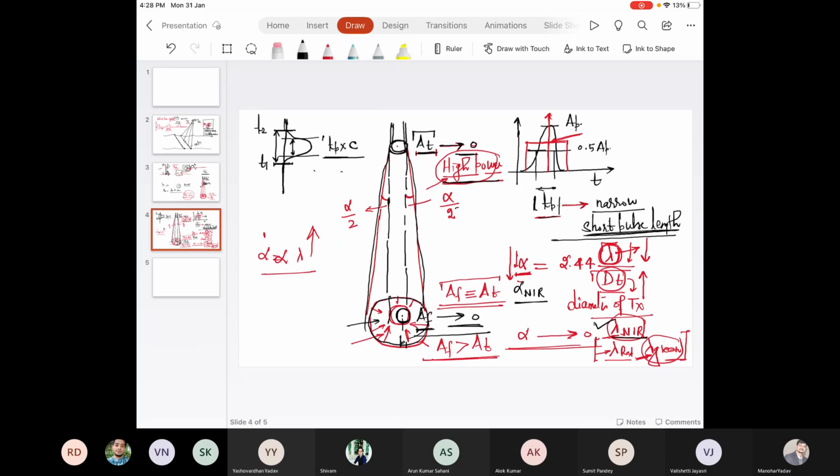So this length should be narrow. As I said before, we actually want an impulse. In this case TP is 0, no pulse length, TP tends to 0. And this is actually what we want.